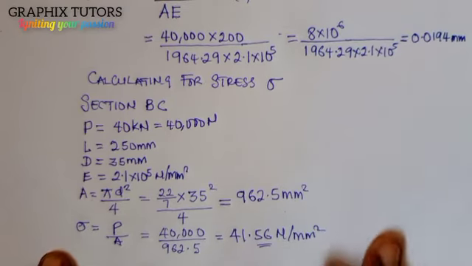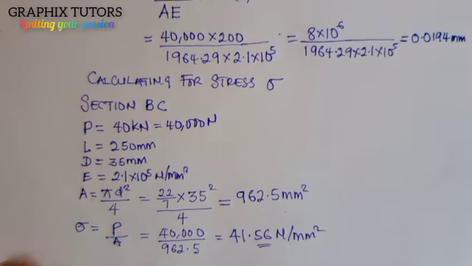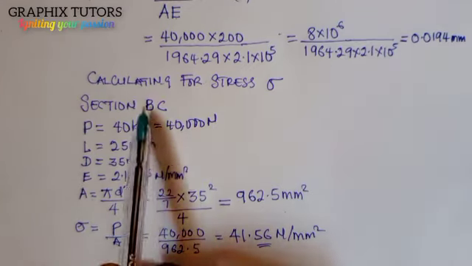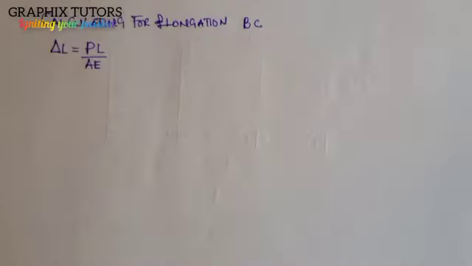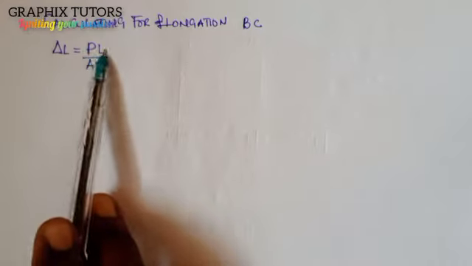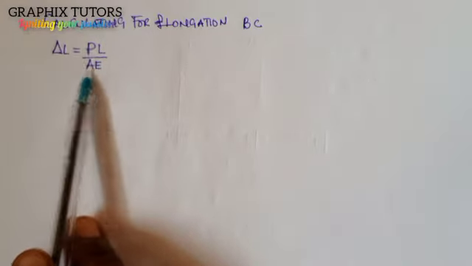Now the next we calculate is for what? To calculate the elongation along section BC. So the elongation along BC is giving us what? Still the force times the length all over the area times the Young modulus.